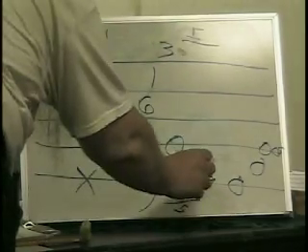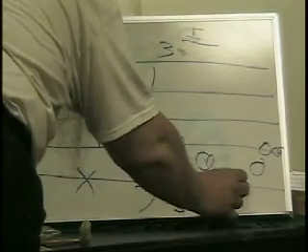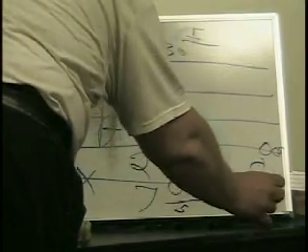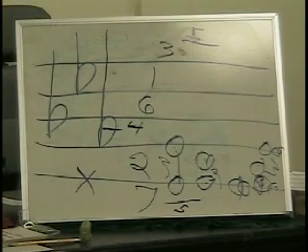If I put a note here, the distance from here to here is a second. If I put a note here, this is a unison, or 1. Put a note here, that distance there is 2. Put a note here, from here to here, distance is a 3. And now I can start seeing those distances, can't I?